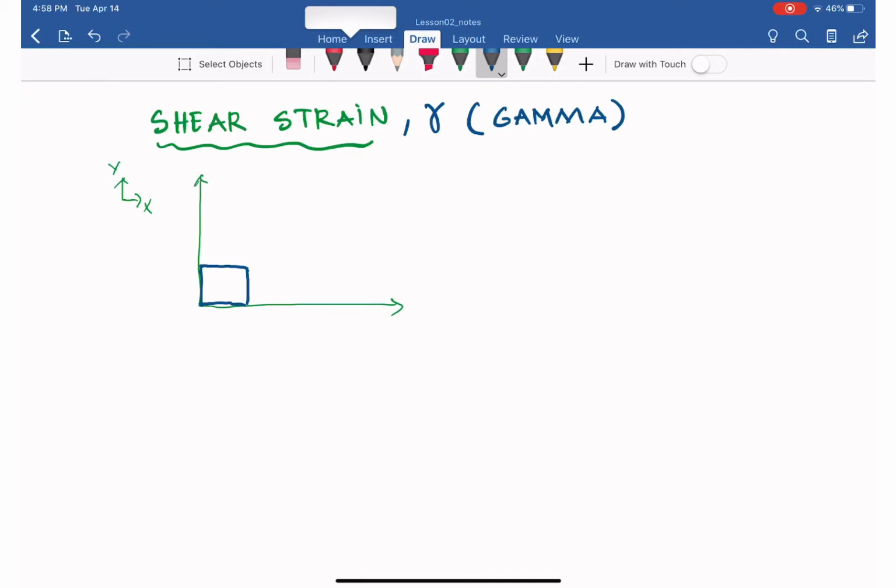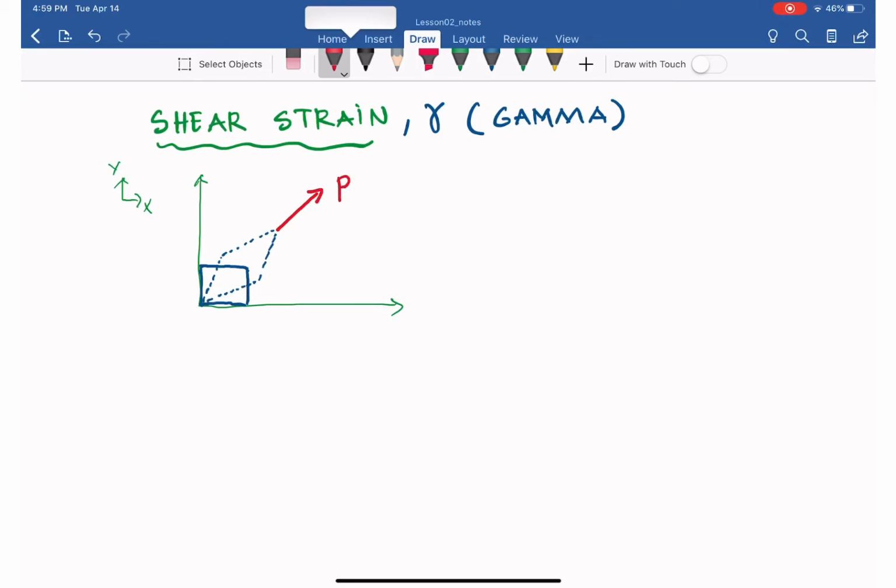For angular distortion, as we apply a load P here, going in that direction, then that square block may distort.